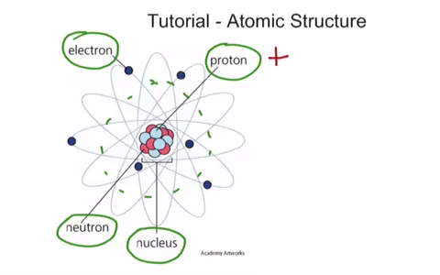So protons are often abbreviated to just P+. Electrons have a negative electric charge and are often just abbreviated to E-. Neutrons have no electric charge. They're neither positive nor negative, and they're often just abbreviated to the letter N.